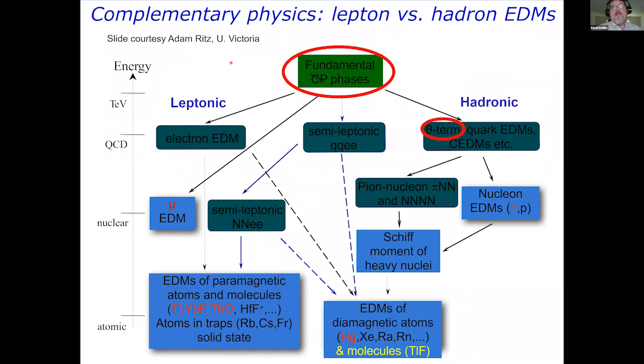For example, if there's CP violation inside quantum chromodynamics or some new interactions due to supersymmetric particles or other exotic particles that haven't been detected. These can give neutrons and protons EDMs. Those cause this deformation of heavy nuclei called a Schiff moment. And these cause EDMs of diamagnetic systems like mercury or radium atoms, but also diamagnetic molecules such as thallium fluoride.